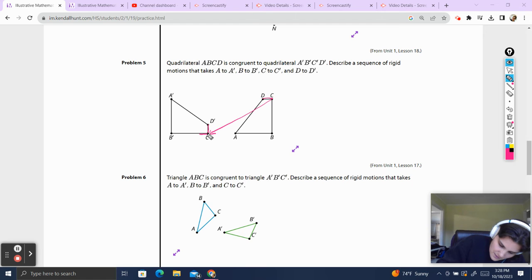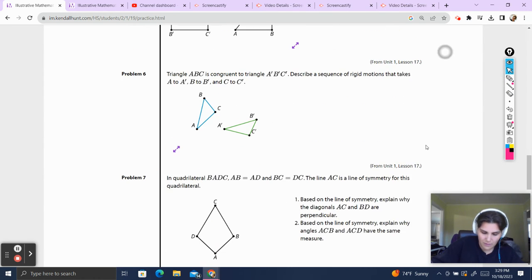C is going to go over there, D is going to go here, B all the way down here, and A over here, because they all got translated by the same directed line segment. And then I'm going to rotate 90 degrees clockwise around point C, and it's going to line up. So we translated and then we rotated and we got A, B, C, D onto A prime, B prime, C prime, D prime. And we're done.